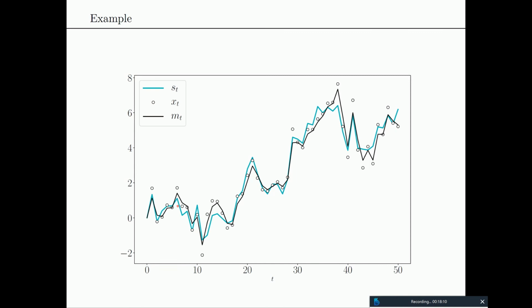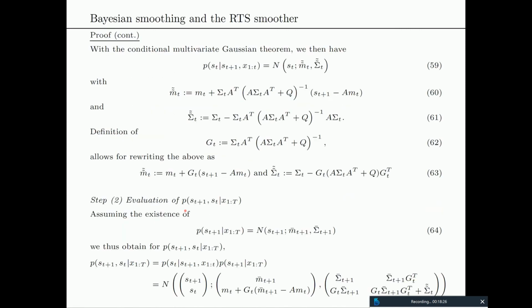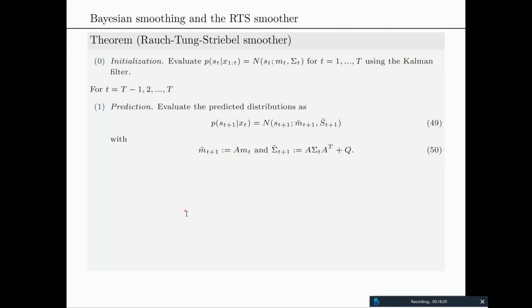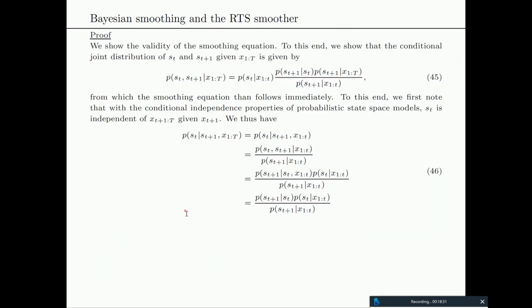You see that it sometimes looks better and sometimes looks worse. But I just wanted to stress that these filtered distributions are useful because in the end you also want numbers about where the missile is exactly right now, and then you can make your best guess in terms of the expectation. But now, smoothing.